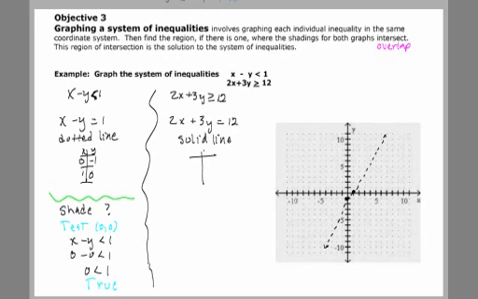And again, however you want to graph it, I just find it real easy to graph it by finding a couple of points. 0 in place for x will give me 12 divided by 3, which is 4. 0 in place for y will give me 12 divided by 2, which is 6. Two real easy points to find. So 0, 4, and 6, 0. There's that line, and we're going to graph it as a solid line.